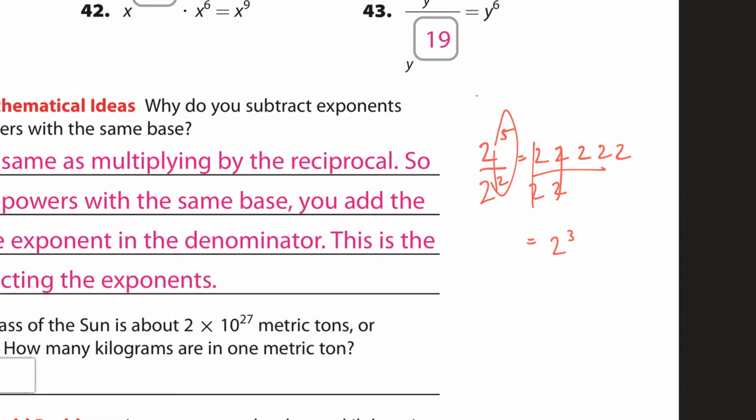But what they're saying is this is the inverse of, because if you have 2 to the fifth times 2 to the second, you can add them. And so that would be 2 times 1, 2, 3, 4, 5, and then 2 more. Oh, I got a great idea.